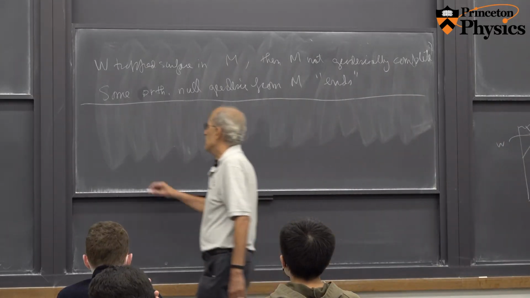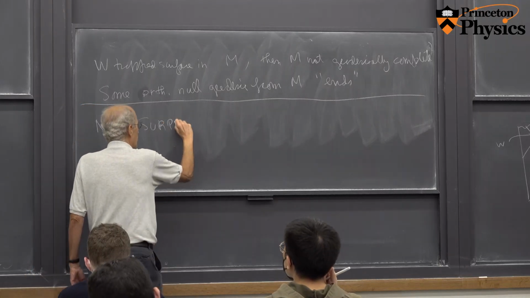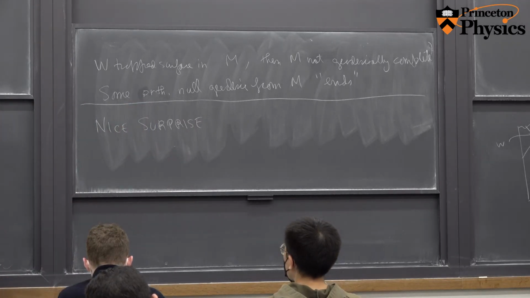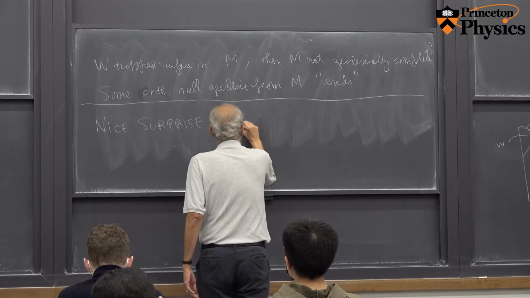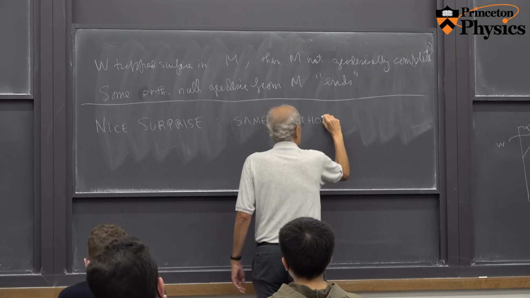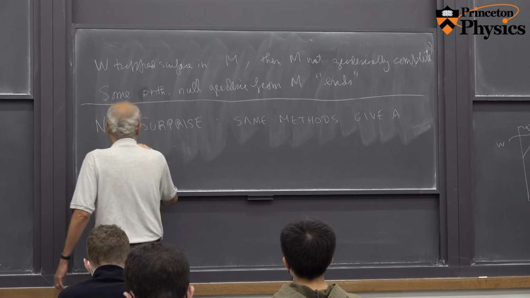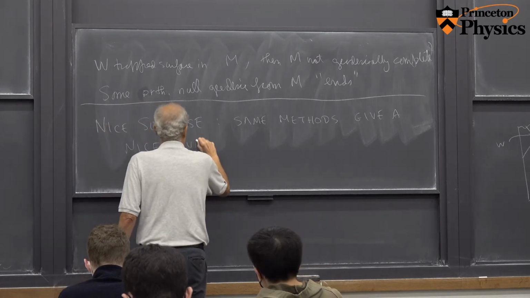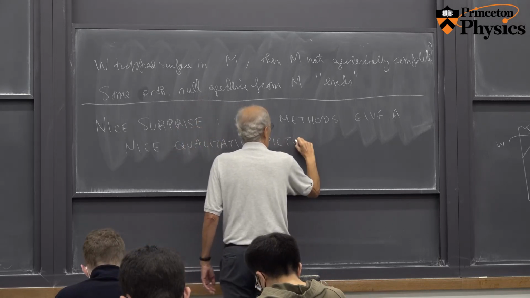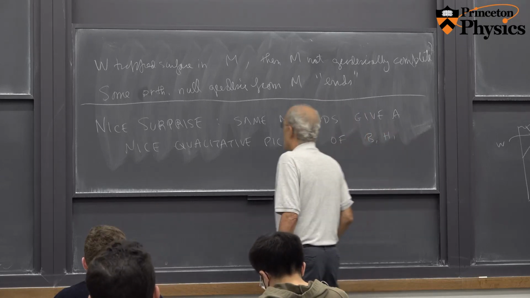However, there's a nice surprise. Although Penrose's theorem didn't tell us much about what there is behind the horizon of a black hole, the same methods give a nice qualitative picture of black holes as seen from outside.